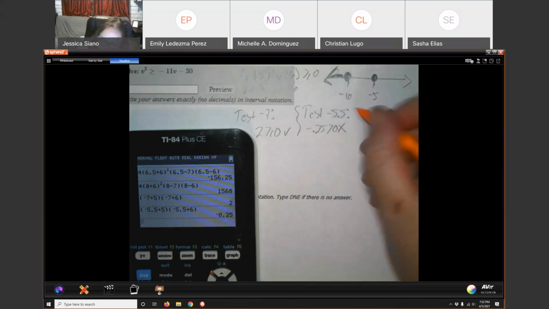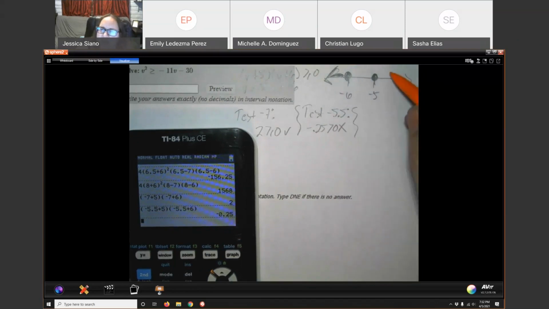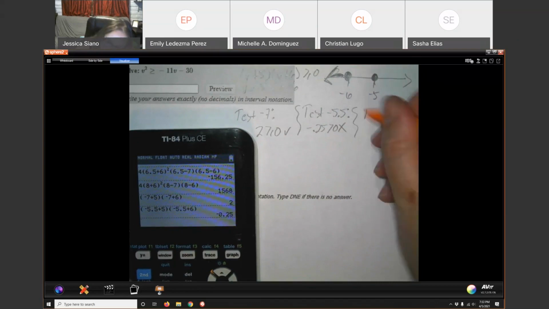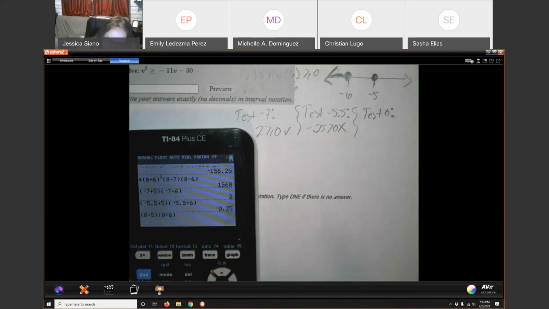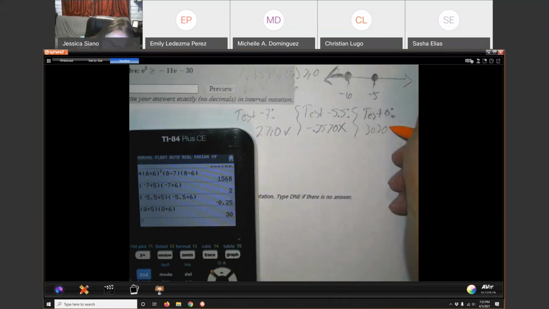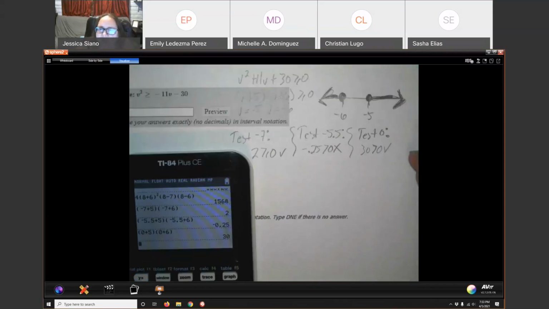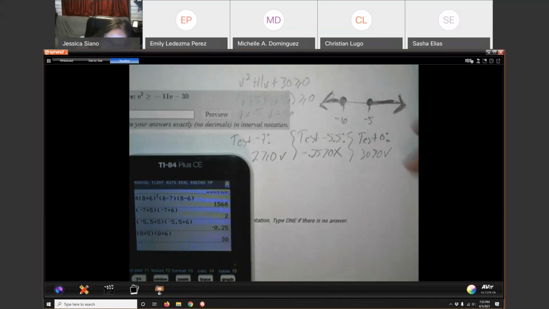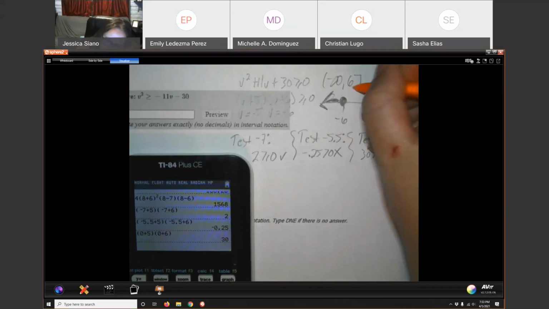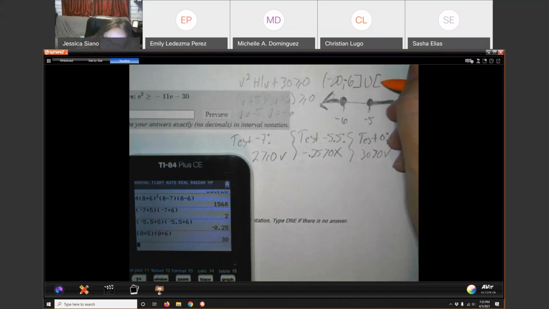False, so I'm not going to shade that section. Let's check a value greater than -5. 0. I'll shade that section in as well. And so then in interval notation, this one would be -infinity to -6, and -5 to infinity.